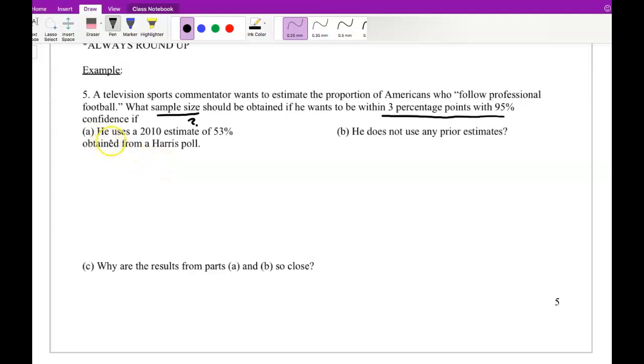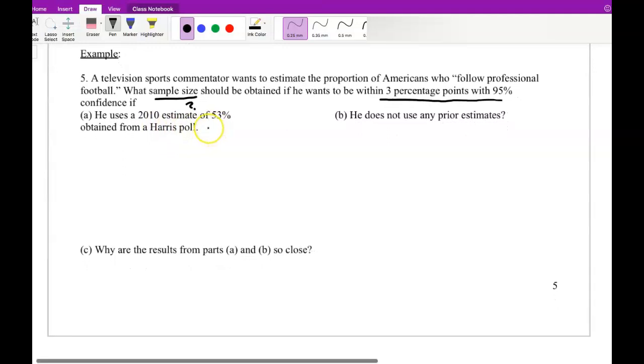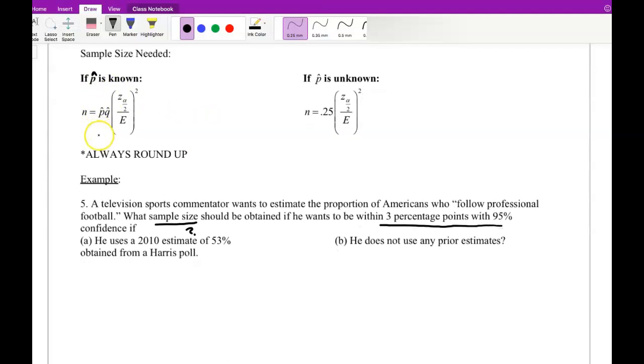Now part A, he uses a 2010 estimate of 53%. So we have 53%. What that means, this is the point estimate. So it's P hat. We have P hat, so we can use this one to find sample size.